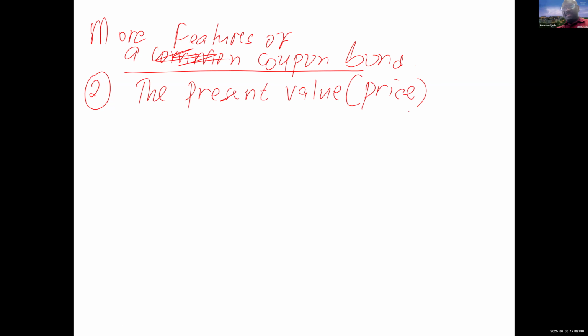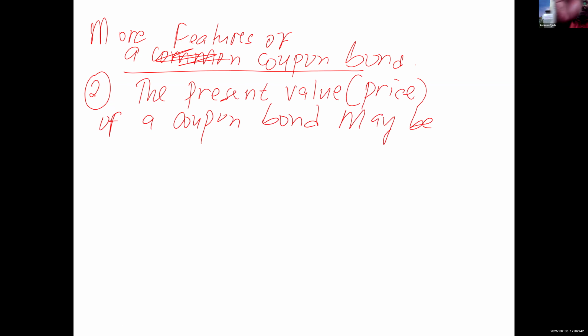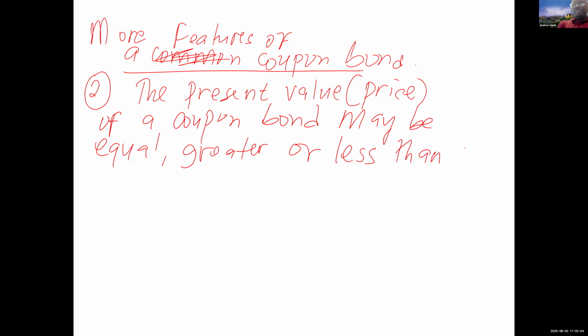So the present value or the price of a coupon bond may be equal, greater, or less than the bond's face value.